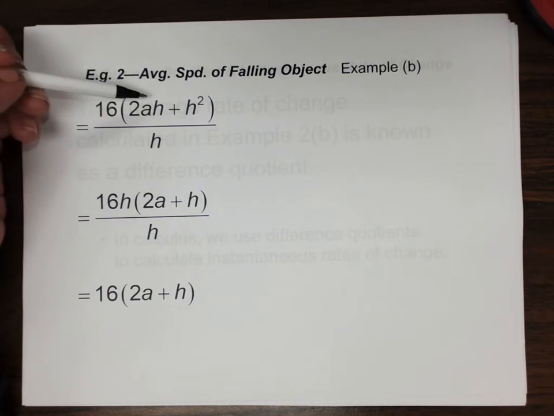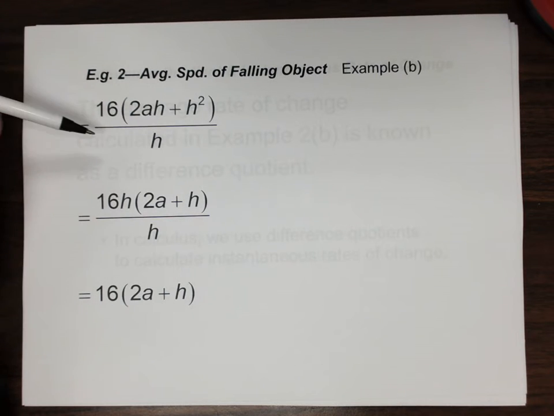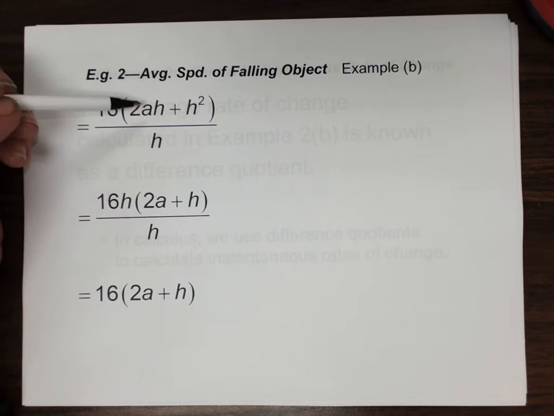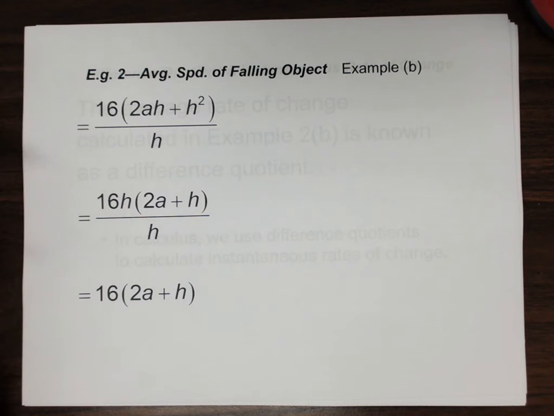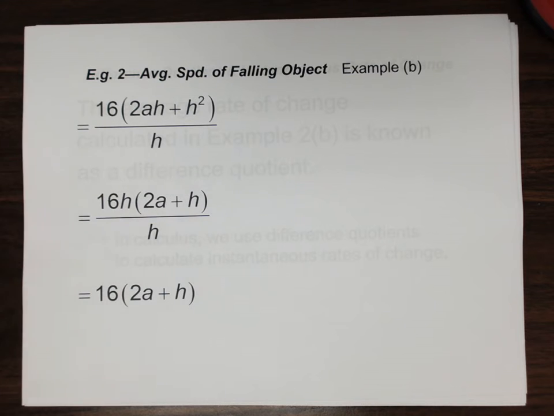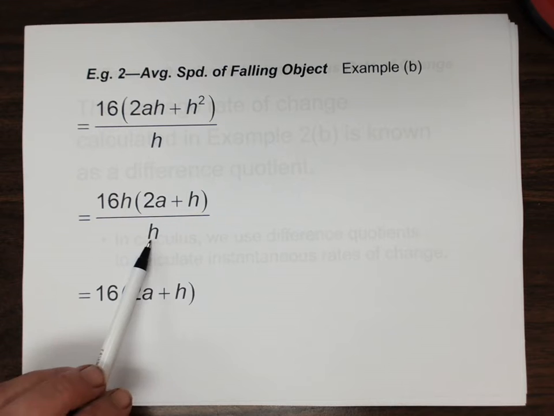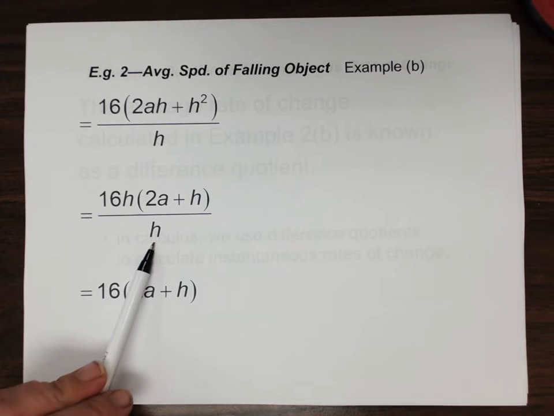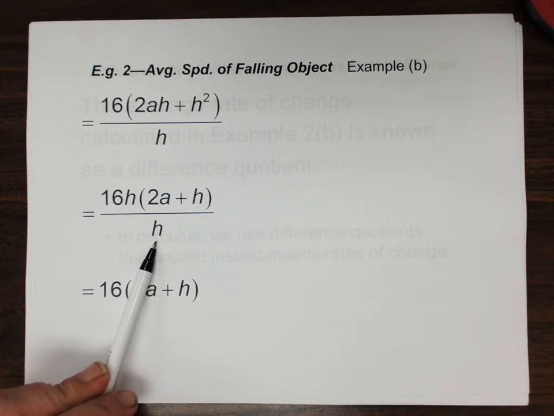Now, we've got a common h inside of here. That's what happens here, they factored out the h from inside this parentheses. So we're left with 16h times 2a plus h over h. Now, the reason for this is we would like to factor out and cancel out this h if at all possible.